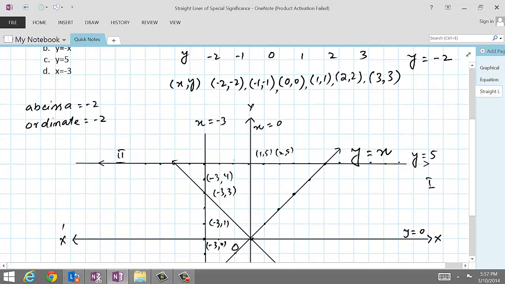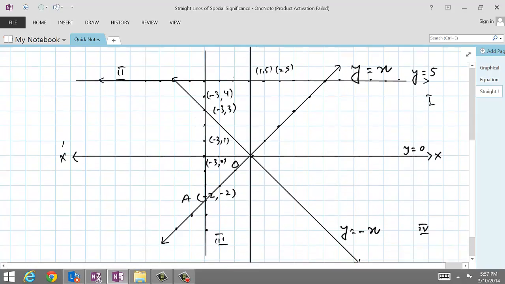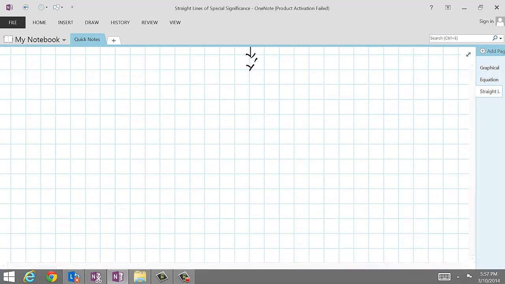So here we can write what is the equation of the x-axis, that is y is equal to 0, what is the equation of the y-axis, that is x is equal to 0. Let me write it down.